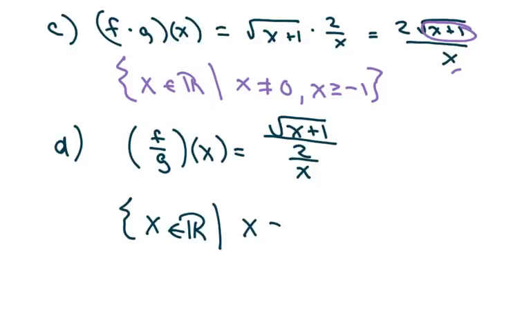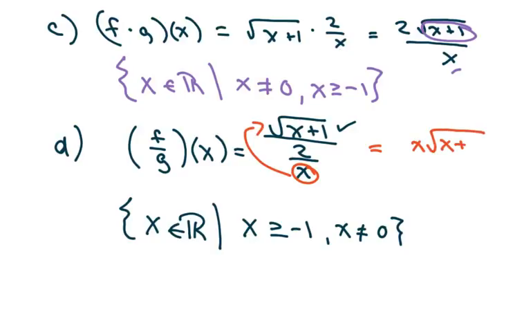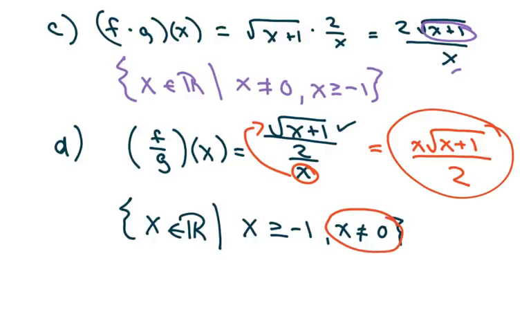However, x has to be greater than or equal to negative 1 from this part, and x cannot be 0. Then you simplify this. We can bring this x up here. So that's going to be x times the square root of x plus 1, divided by 2. If you did the domain based on this, you would have missed this part. It's better to do the domain before you simplify, especially when you are dividing. Okay, that's all. Thank you and have a nice day. Bye-bye.